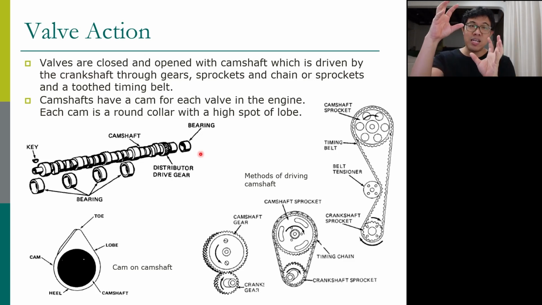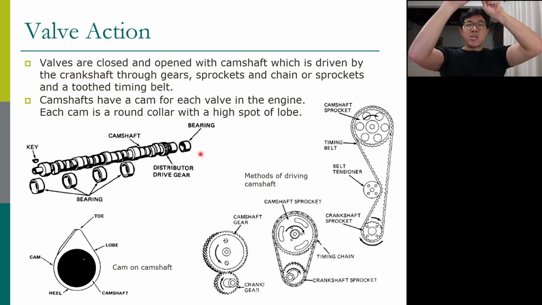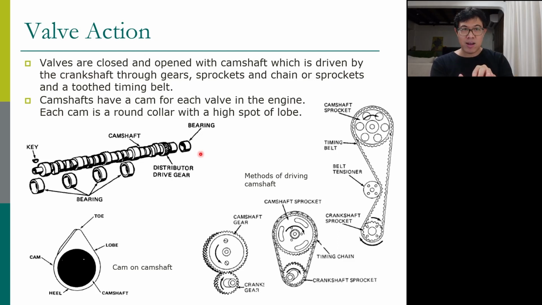So this has to work together. That's why we have to have a linkage between the camshaft and the crankshaft. The crankshaft tells you the position of the piston. The camshaft tells you the position of the valve. So the crankshaft and camshaft have to be connected together.